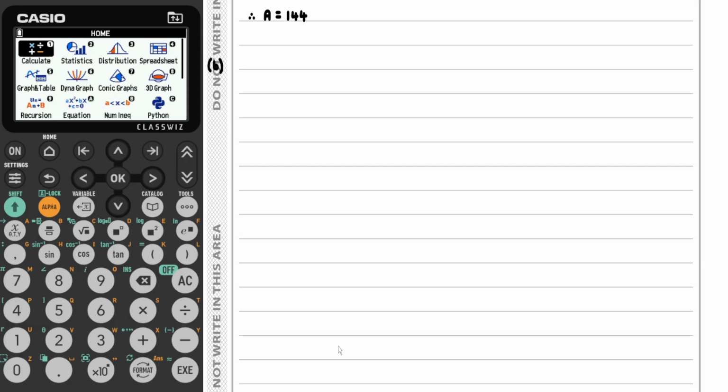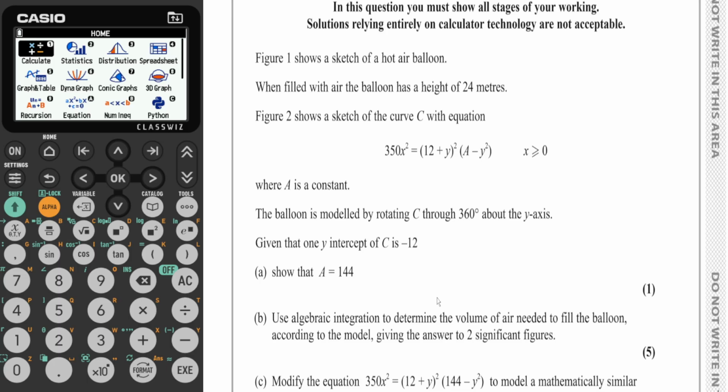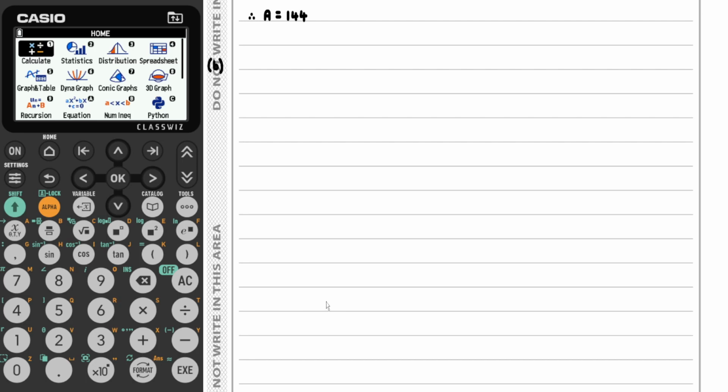So the first thing we need to do is state what x² is. We know that 350x² equals (12 + y)²(a − y²), and we know what a is, that's 144, so we need to rearrange for x². So x² is (12 + y)² times (144 − y²) over 350.